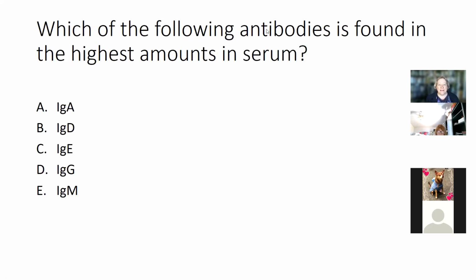All right. So let me get a poll up. Which of the following antibodies is found in the highest amounts in serum? I should have put which of the following isotypes of antibodies. Okay, got some good early voting.